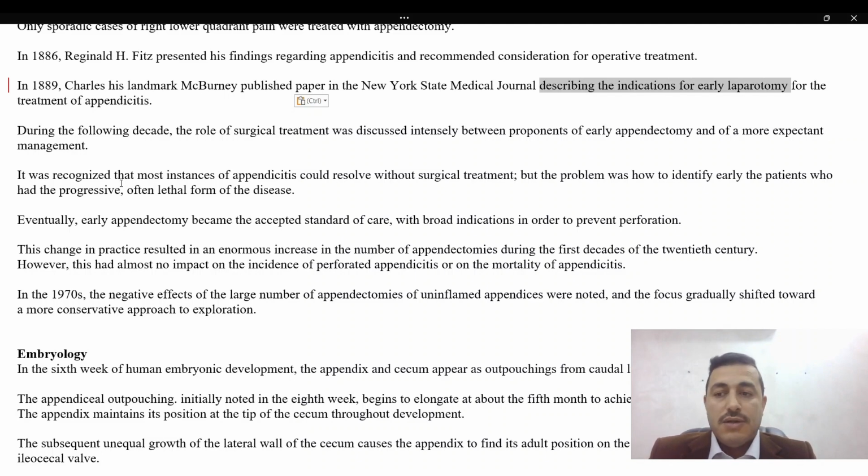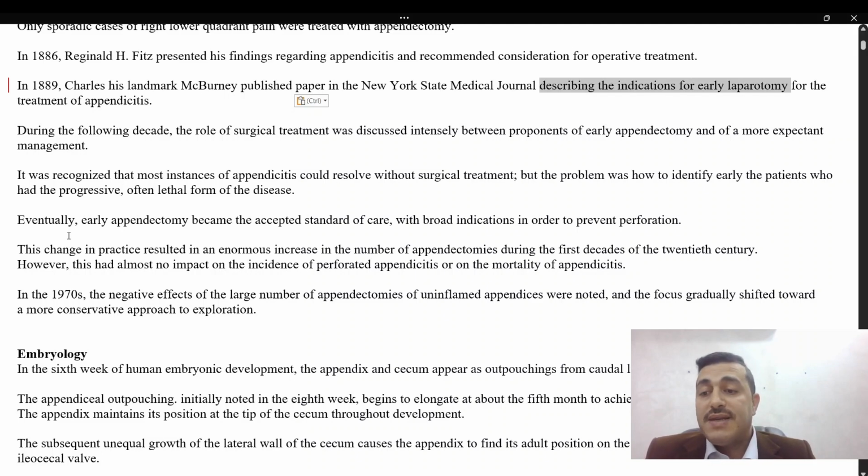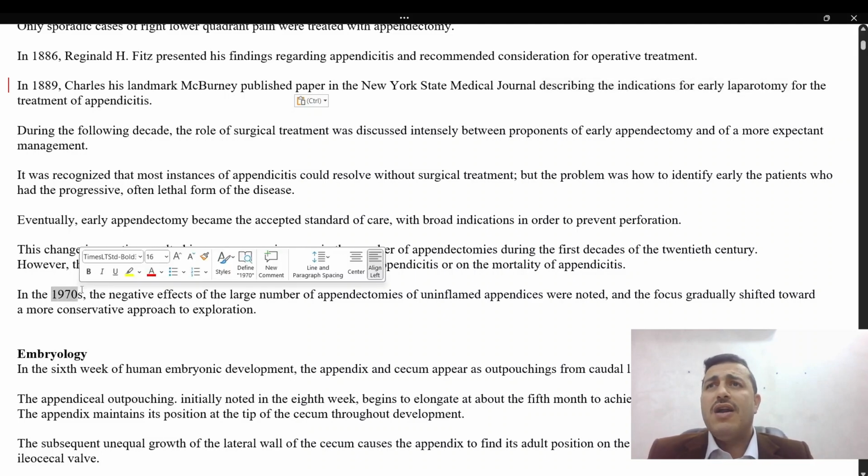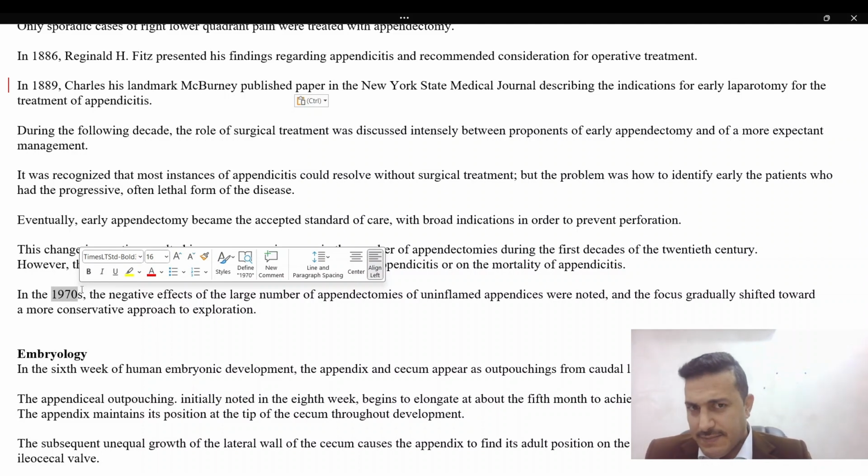It took a long time until the 1970s, when we had a large number of negative laparotomies and we started to think, can we manage appendicitis conservatively?